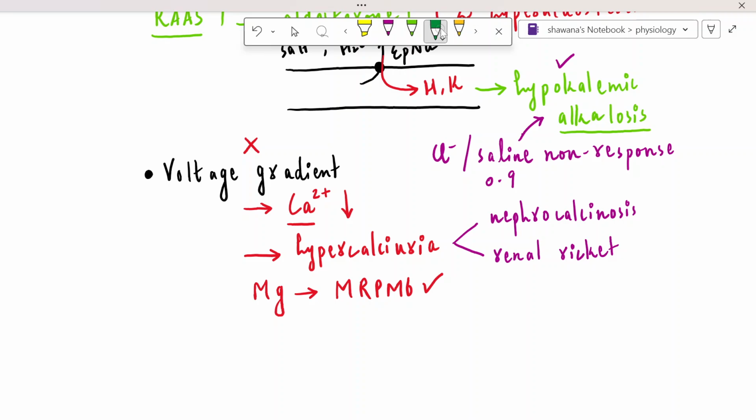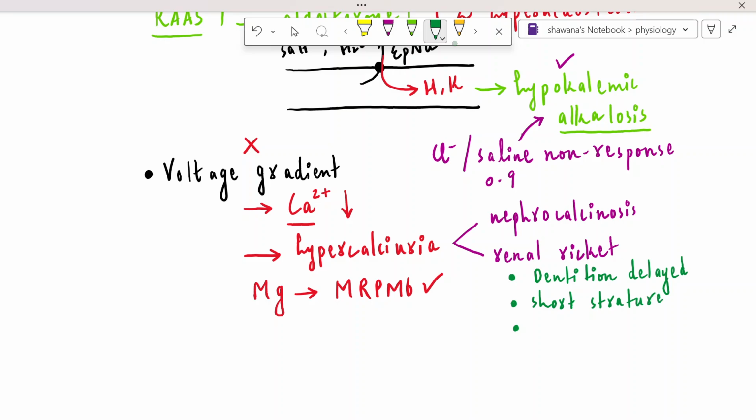The symptoms of renal rickets can be remembered as, first, delayed dentition. It means that dentition is delayed. What is dentition? It is tooth eruption. The second is short stature, because calcium is necessary for bone development.